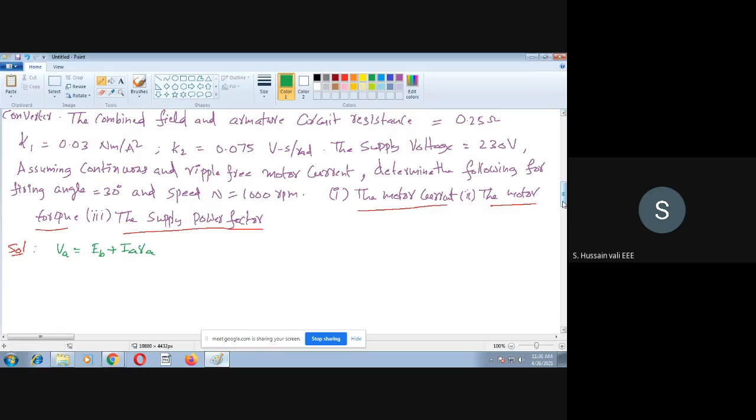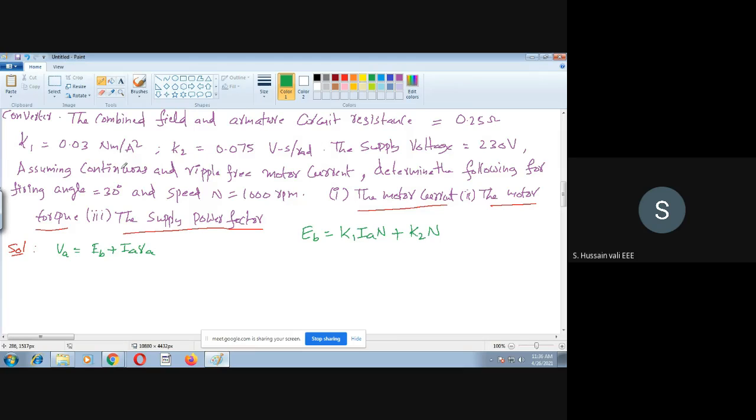So we'll recall what EB is. In the case of a DC series motor, please recall that EB is K1 IA N plus K2 N. Now you see you got K1 K2 here, and here also you got K1 K2.